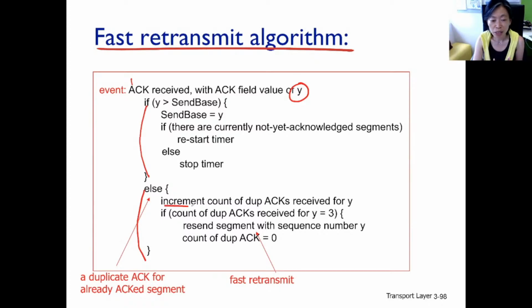So in here you see, we increment the count of duplicate ACKs. Okay. For each duplicate ACK, we increment this by 1. When the count for duplicate ACKs is exactly 3, then we resend the segment. So this is fast retransmission of a lost packet. And then of course, we drop the count back to 0.